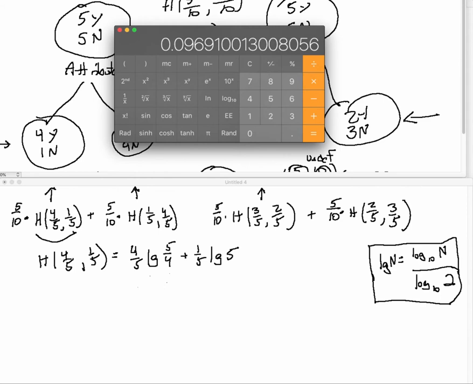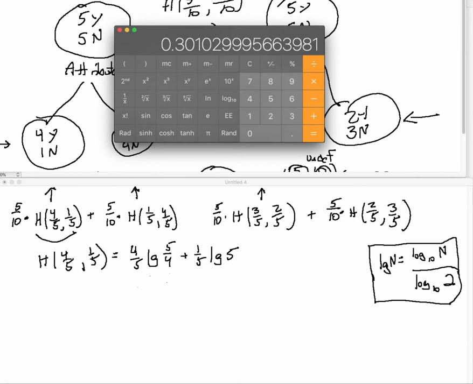Now I'm going to take 2, take log base 10 of that, and I want to flip x and y. All right, I hate these calculators. Let's do this again.